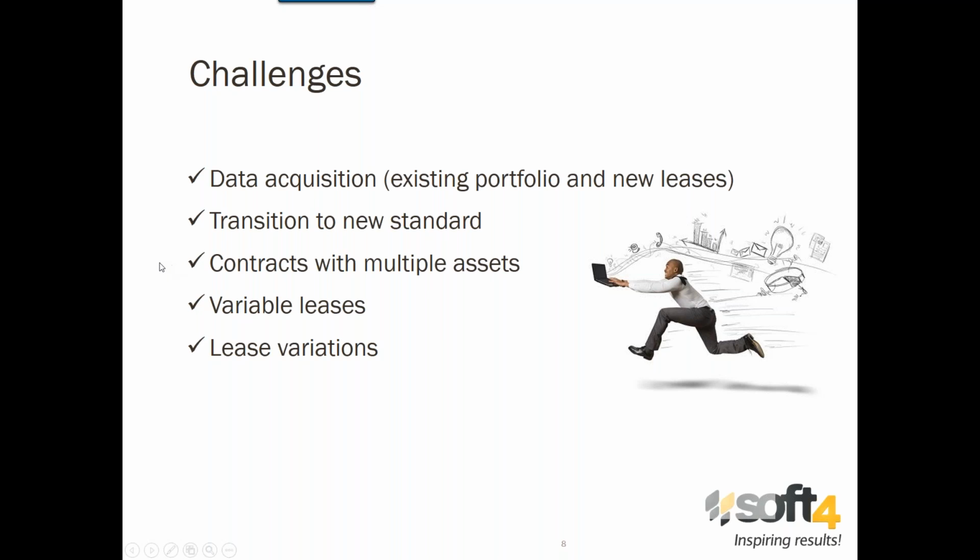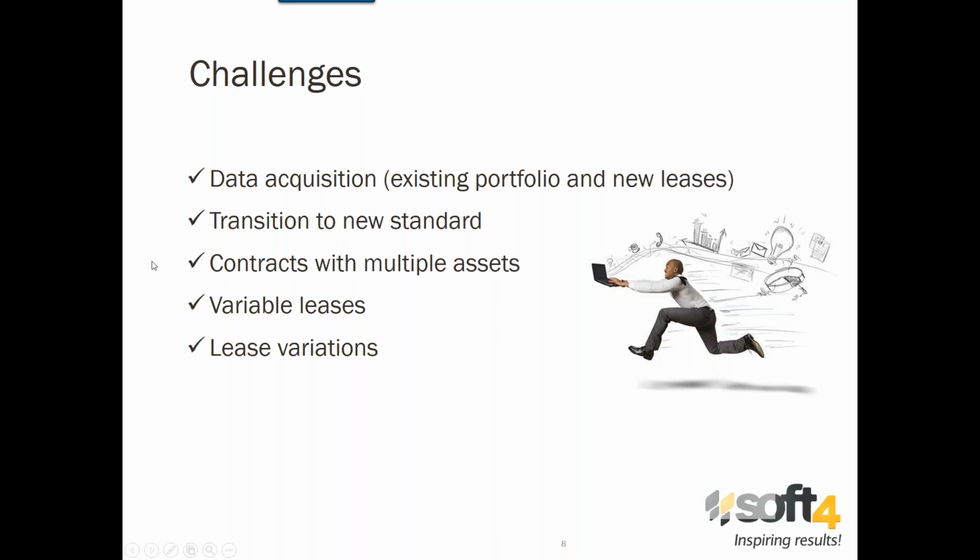Contracts with multiple assets. Again, it is very advisable to have accounting at asset level. This is not a requirement of IFRS 16, but it is a very clear advice that many advisors give, because if you terminate or buy out a single asset, or you extend the lease of a single asset on a contract which has multiple assets, the accounting may become complex.